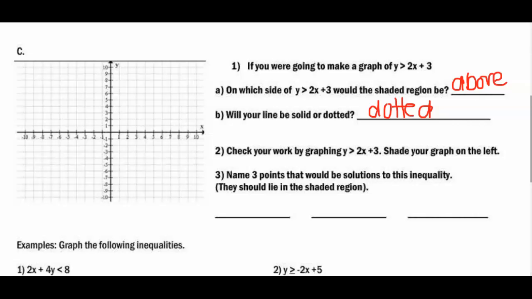Let's graph it. Y-intercept is at plus 3. My slope is 2. I really like slopes of 2 currently. It is dashed. And shaded above.